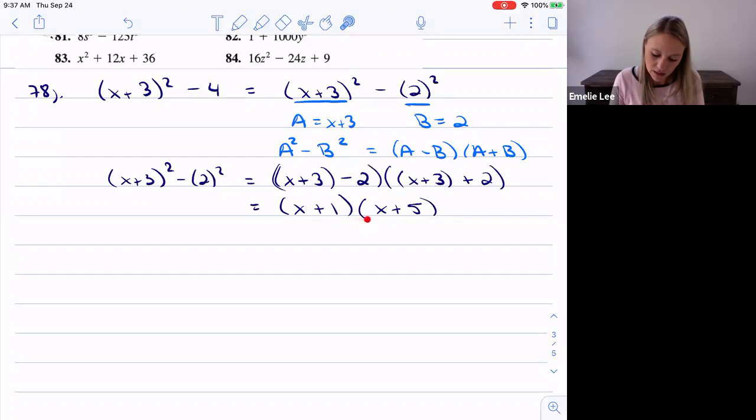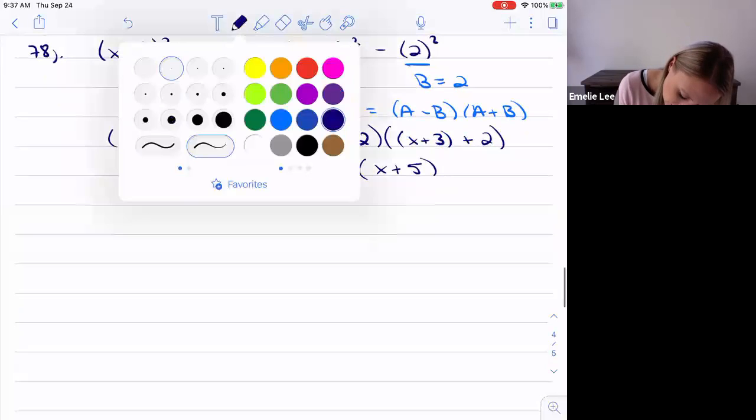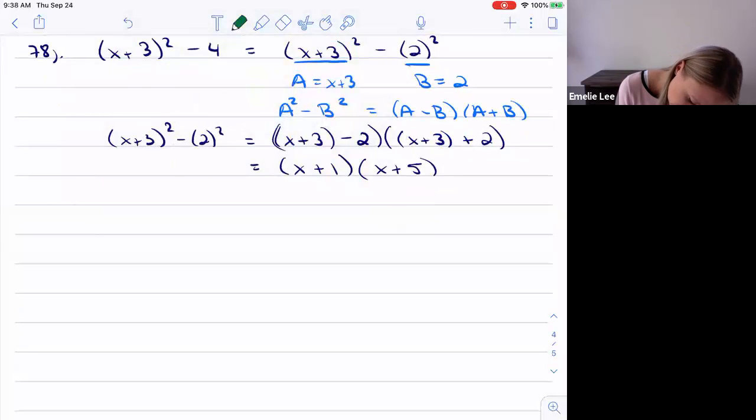This is going to be a little bit trickier to check, right? But just as an exercise, let's go through and make sure that we can get back to where we started, because that's the whole idea. I want to have this equivalent to this, the factored version. So check our factoring.